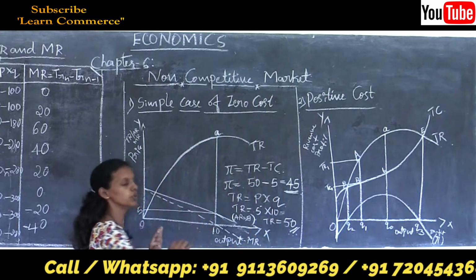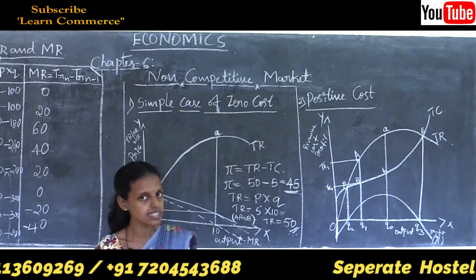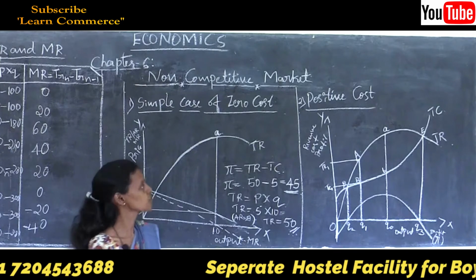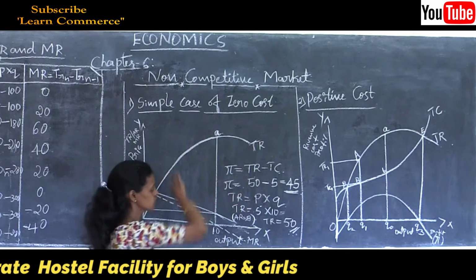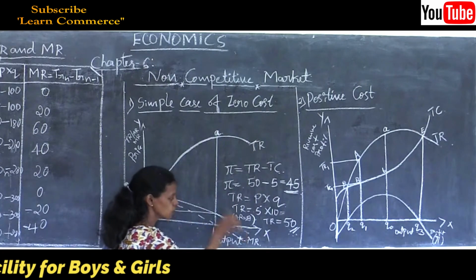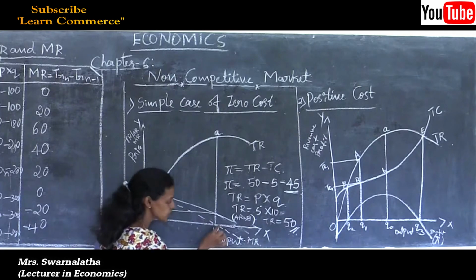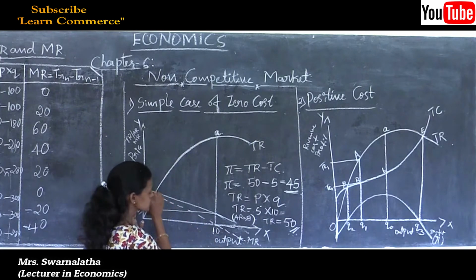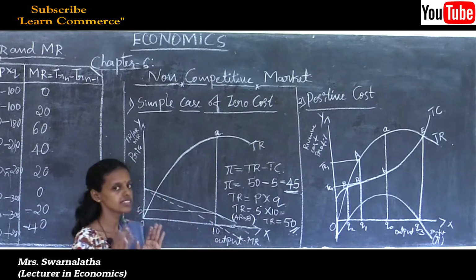After that also, with the intention of getting more and more profit, by decreasing the price, at a lower price, the firm is going to increase the total revenue by increasing the output. That leads to a downward slope, and also this marginal revenue curve lies below the OX axis.